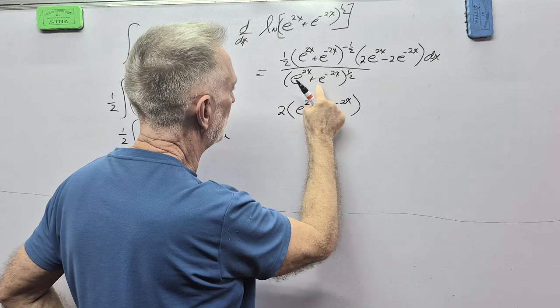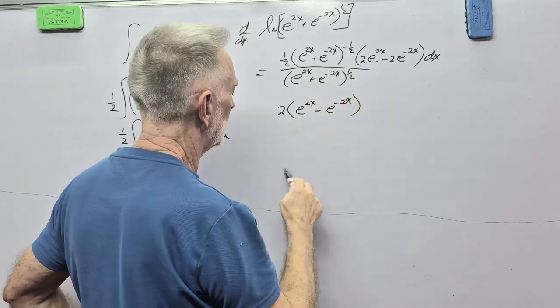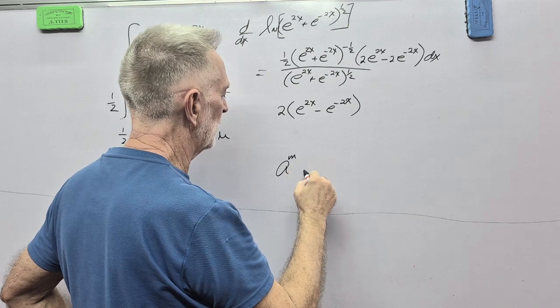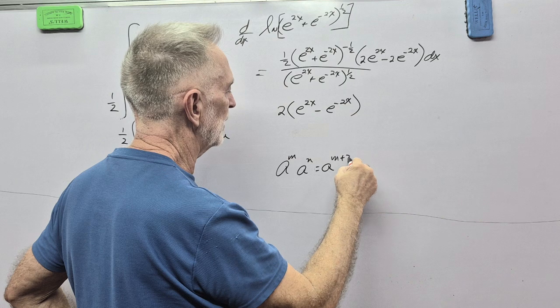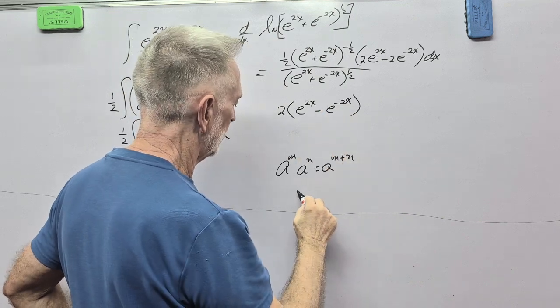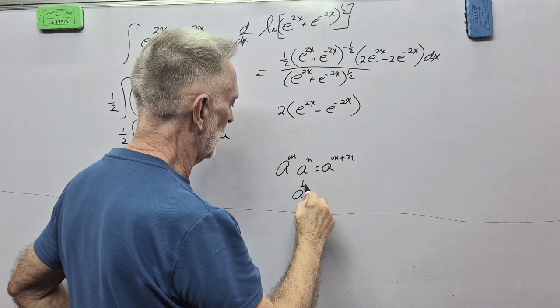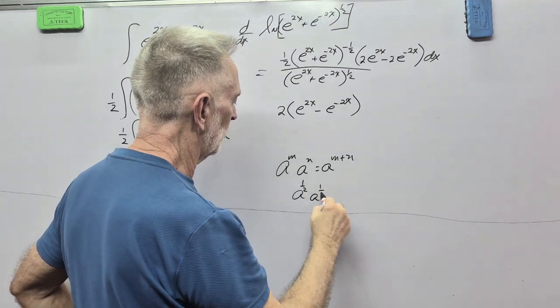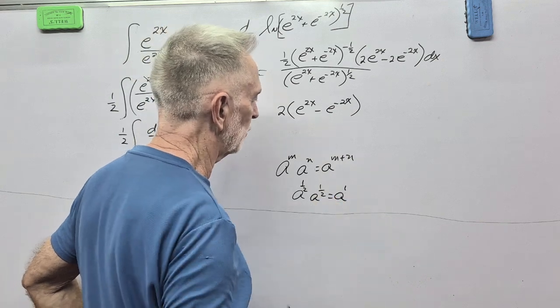Now I have this same thing times itself. You know, a to the m times a to the n is a to the m plus n. So in this case, we'll call this thing a: a to the 1/2 times a to the 1/2 gives me a to the 1/2 plus 1/2, a to the first power.